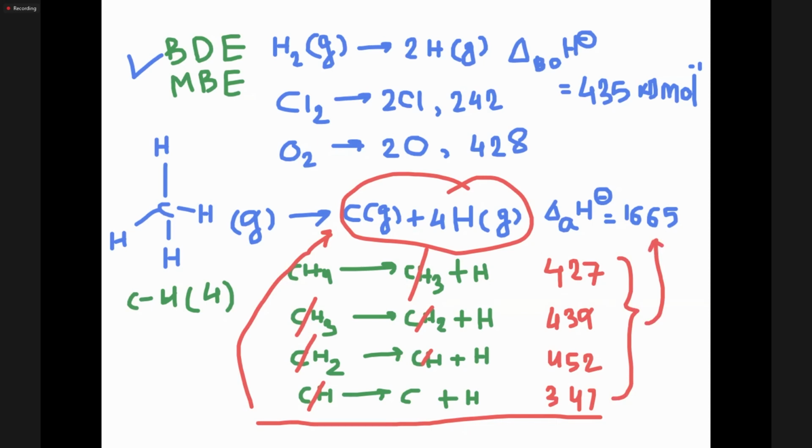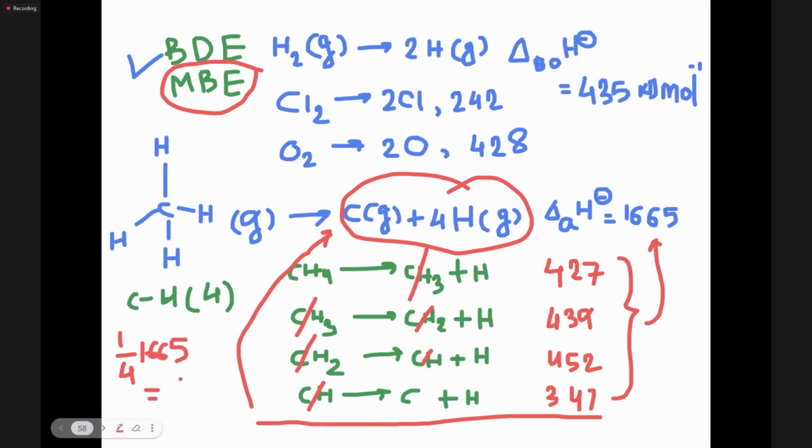In all these cases, the values are actually different. That's why we have the mean bond enthalpy in action. So we will take a mean of all the bond dissociation energies. For this example, the delta BDH minus value will be 1/4 of 1665 kilojoule per mole.